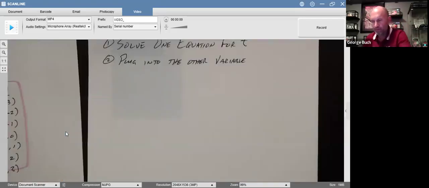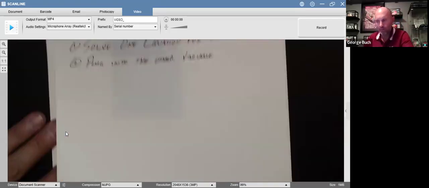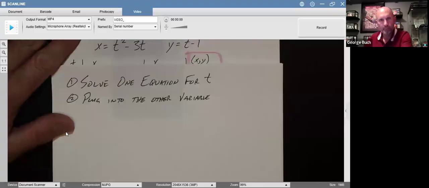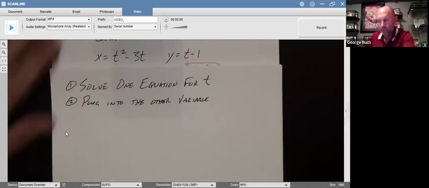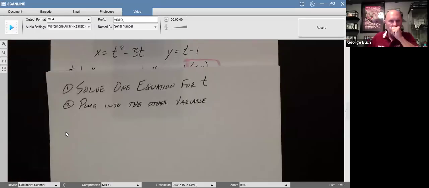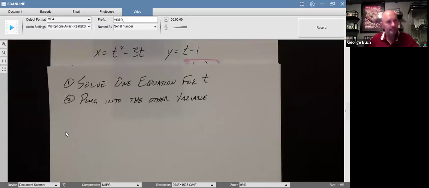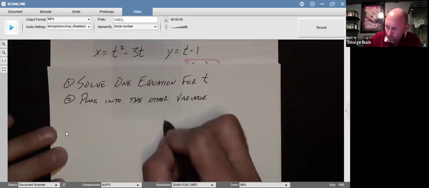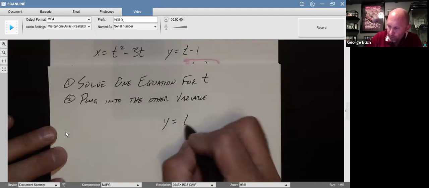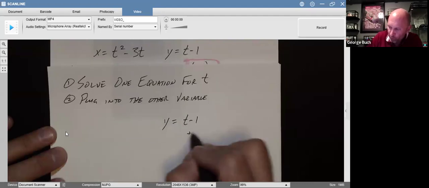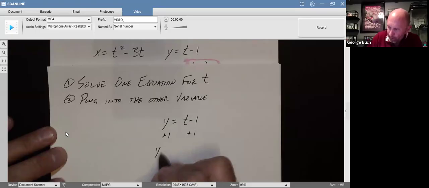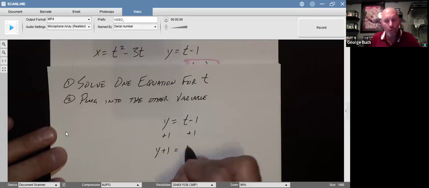So which one is the easiest to solve for t? Well, I'm hoping you're saying the y equation, because I have y is equal to t minus 1. So if I just add 1 to both sides, I get t is equal to y plus 1.